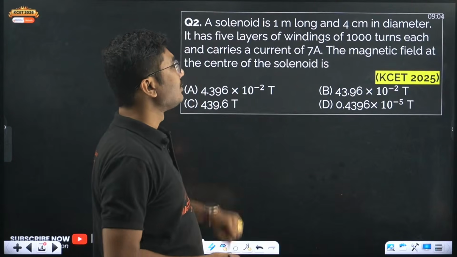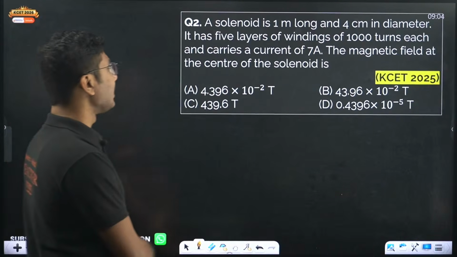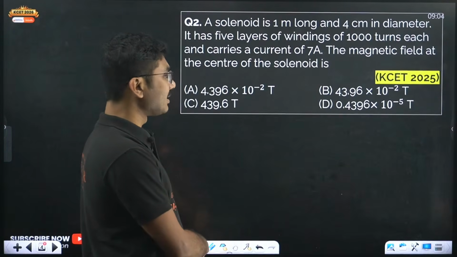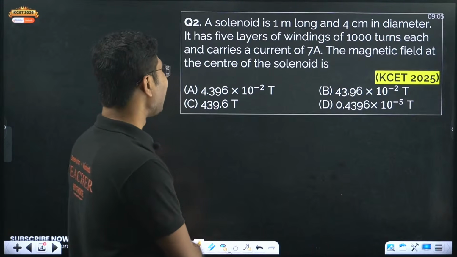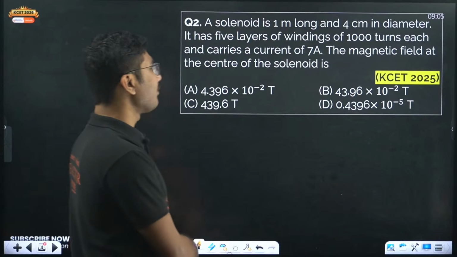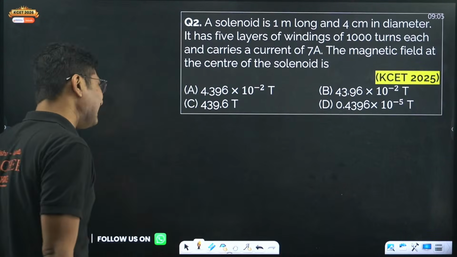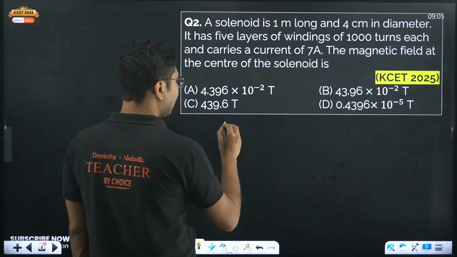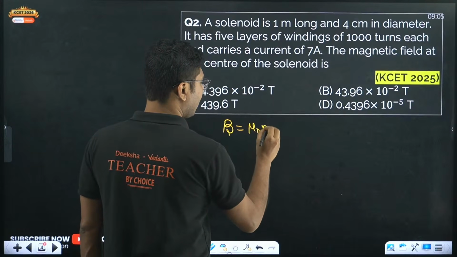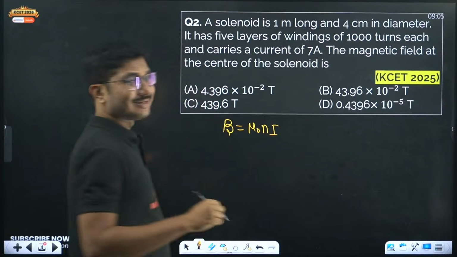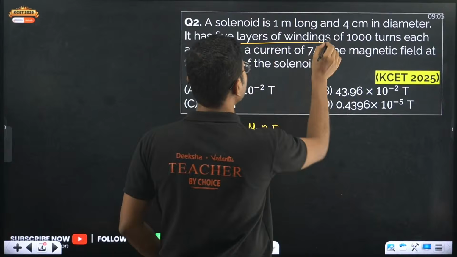A solenoid is 1 meter long and 4 centimeter in diameter. It has 5 layers of windings of 1000 turns each and carries a current of 7 ampere. Find the magnetic field at the center of the solenoid. Again, easy question. So magnetic field at the center of the solenoid is given by mu naught into number of turns into I. Now here the trick is, they have given 5 layers of windings.